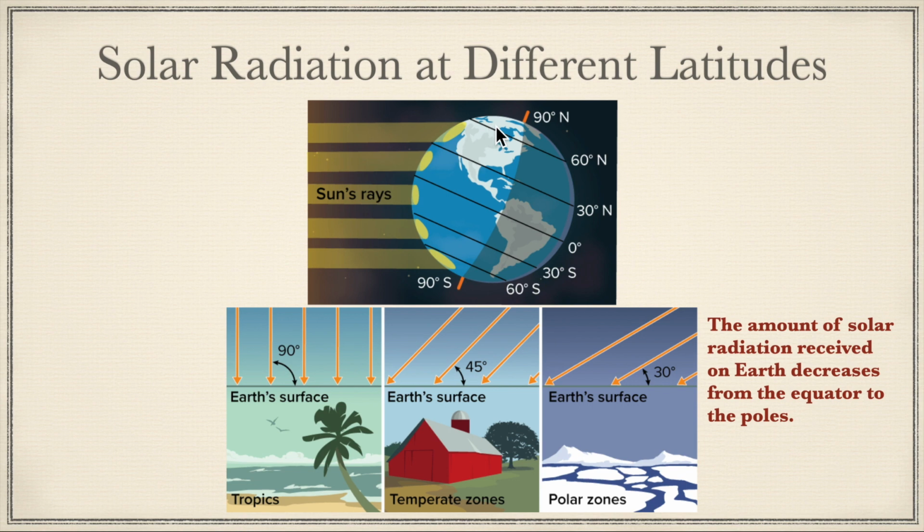Once you're sort of beyond the Arctic Circle, there are areas where you would have no sunlight. So like at the pole here, during this time of year, you may have no sunlight. But the angle gets lower and lower as you go further north or south from the equator.